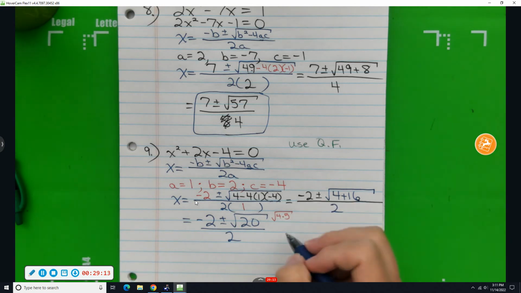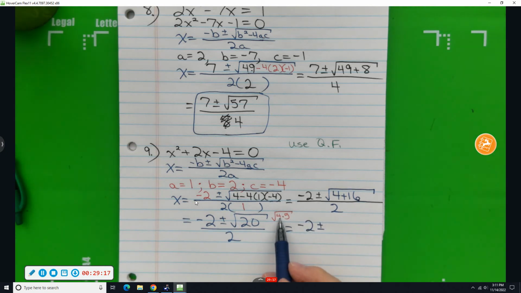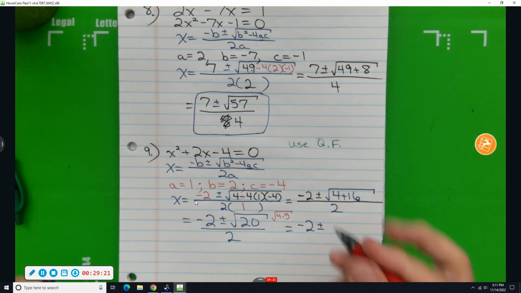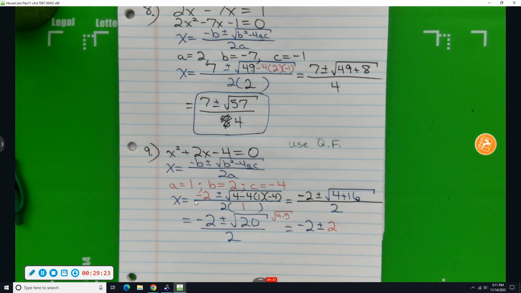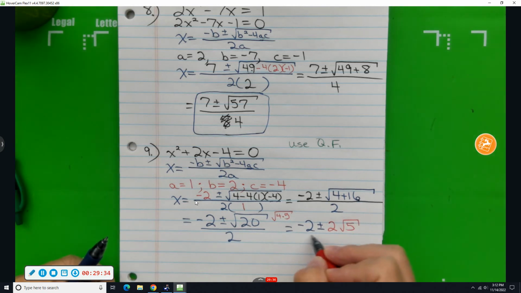And that's a negative 2 plus or minus the square root of 4, which is 2. What are we going to do with that 5? The square root of 4 became a 2. The 5 stays under the radical, all over 2.